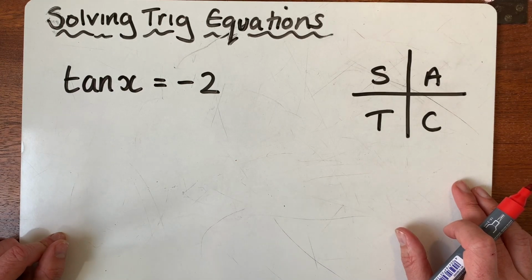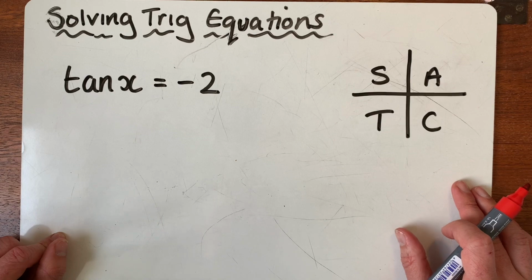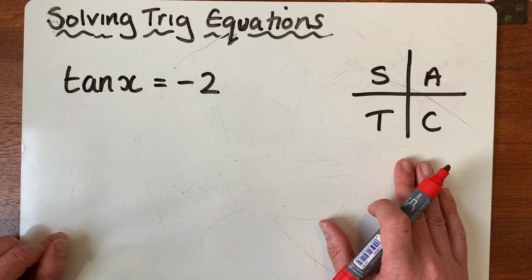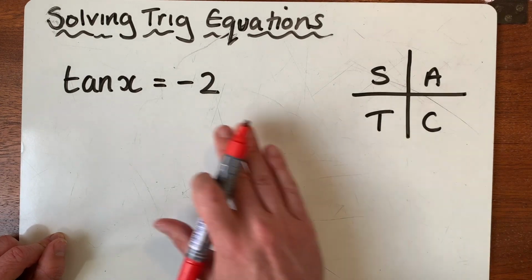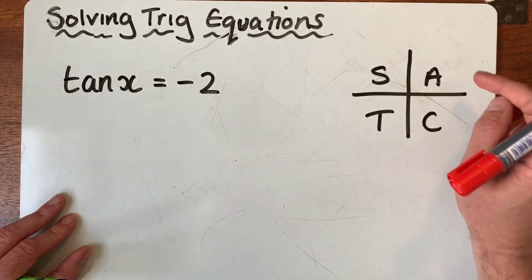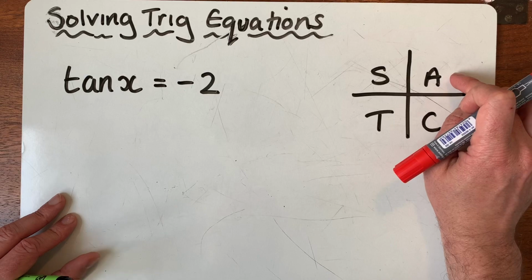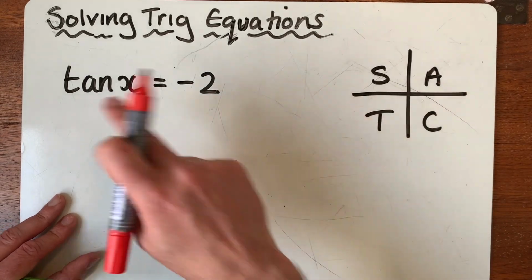We're going to start the same way that we did the last video by trying to complete our cast diagram. And we need the knowledge from last day, which is if this value is positive, we always tick the A quadrant and the quadrant where the letter matches the trig function.